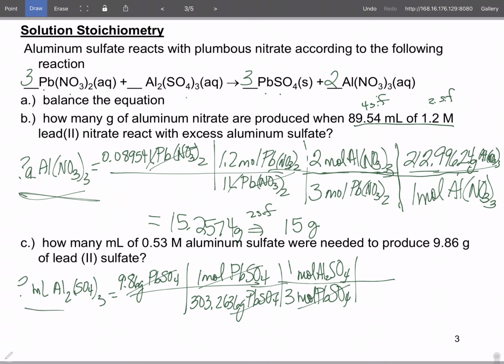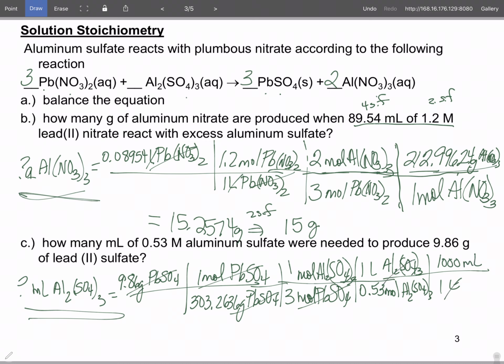But we don't want moles, we want milliliters. Do we have a conversion that relates moles to a volume? Yep. We have 0.05 moles of aluminum sulfate per 1 liter of aluminum sulfate. Remember, the number stays with the moles, and 1 liter is 1,000 milliliters. Why did I do that? Because I actually asked for milliliters.